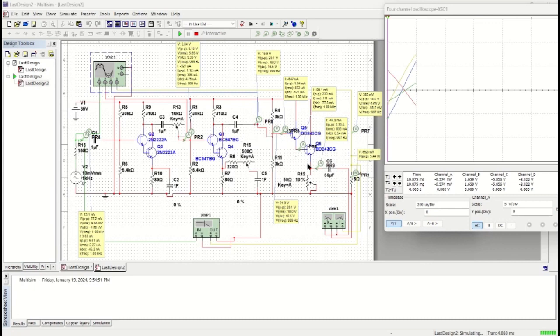We input this signal into the emitter follower to get the output.